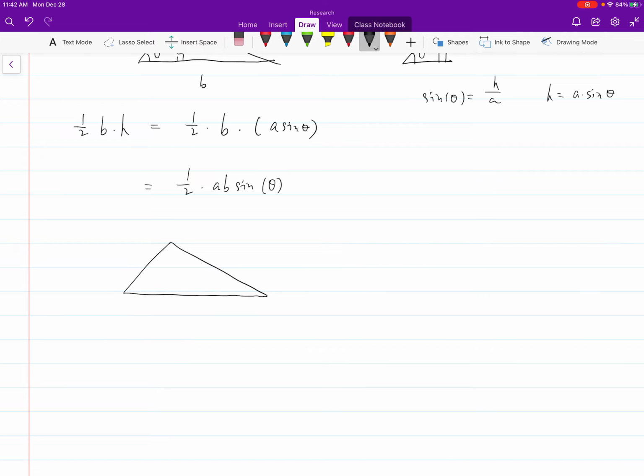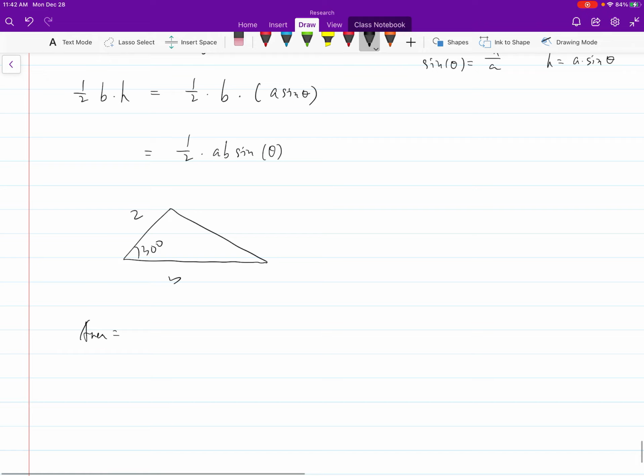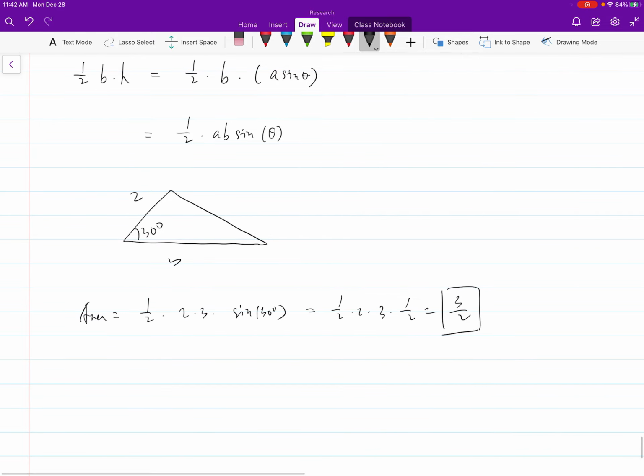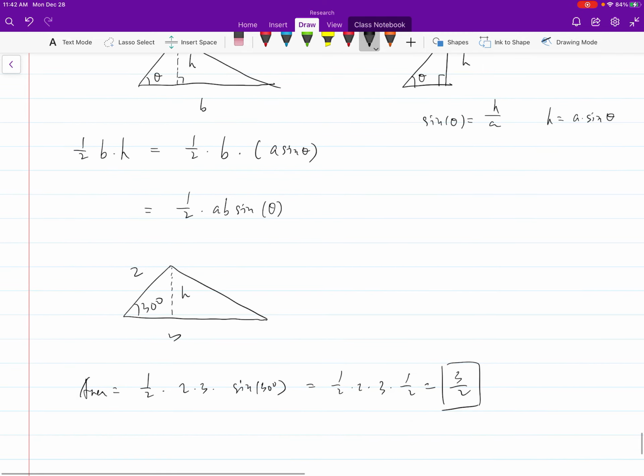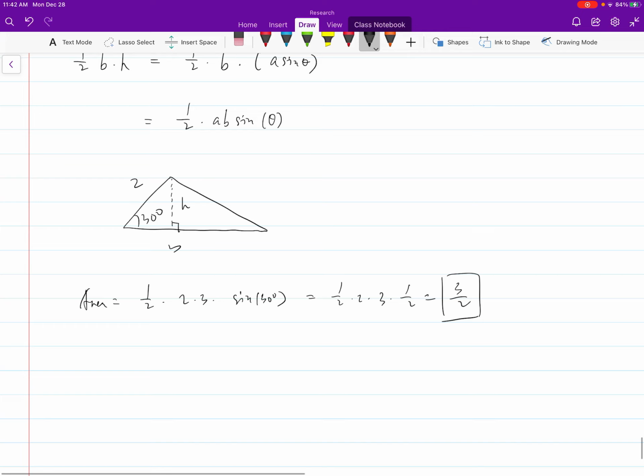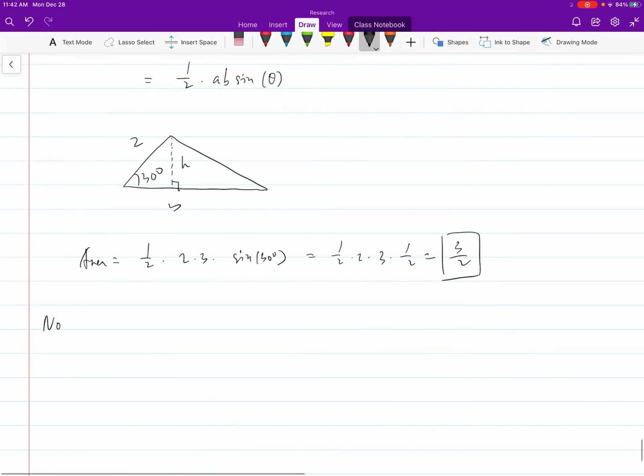So quick example, very easy to see. If you have a triangle like that, you have 2 and 3, you have 30, and the area equals 1/2 times 2 times 3 times sine 30 degrees. Very quick, okay? But the hidden assumption is you actually went through finding what the height is using trigonometry.